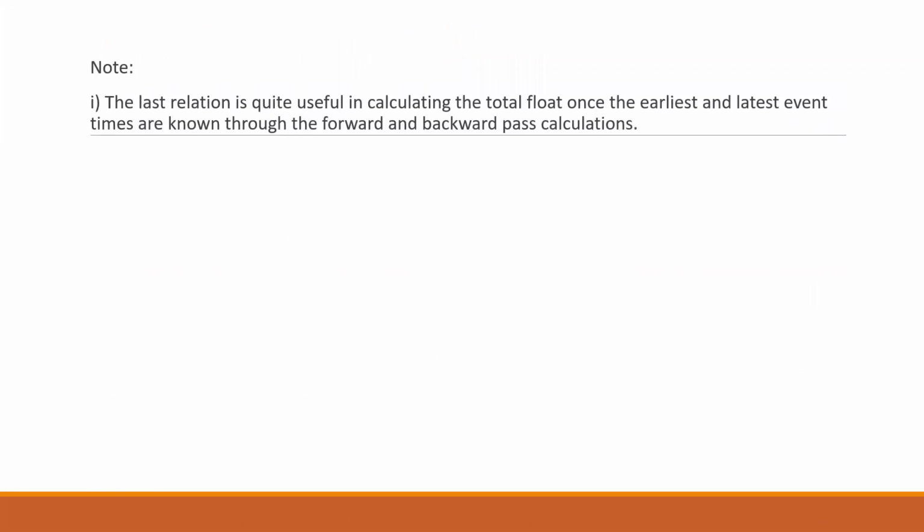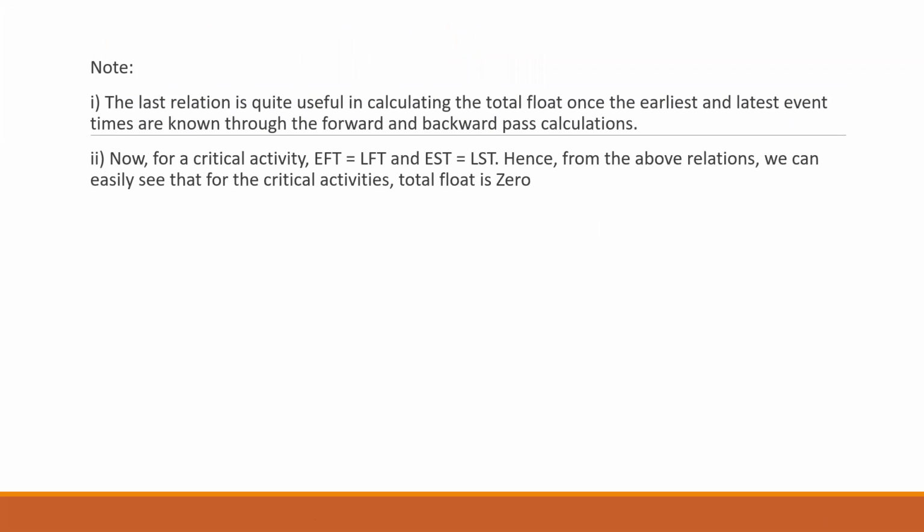The first point, the last relation is quite useful in calculating the total float once the earliest and the latest event times are known through the forward and the backward pass, especially the third equation which we saw. Now for the critical activity, your EFT is equal to LFT, and your EST is equal to LST, and therefore the total float will always be 0.